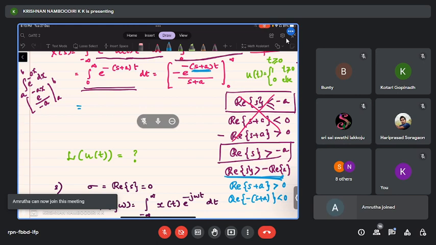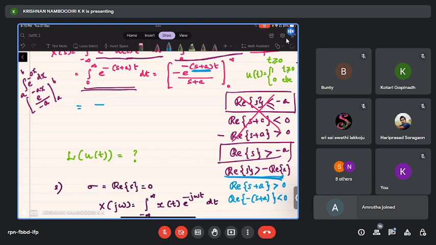So if I substitute infinity for the first time, minus e power minus infinity. So why is it minus infinity now? Because this has a real part which is a negative number, correct?